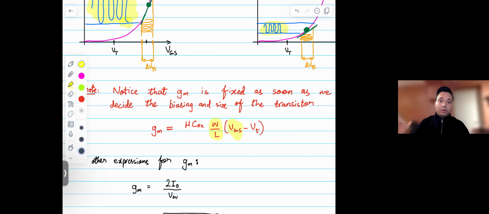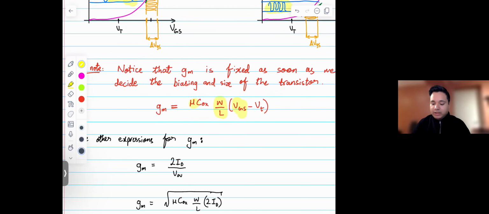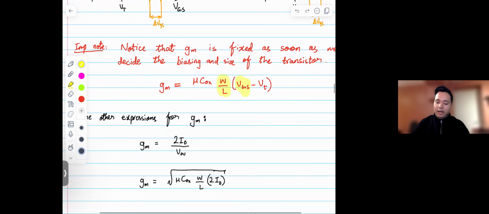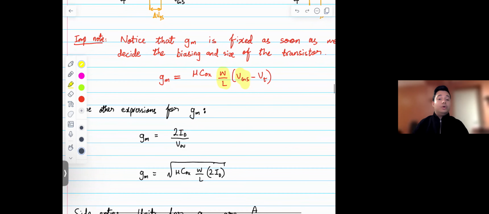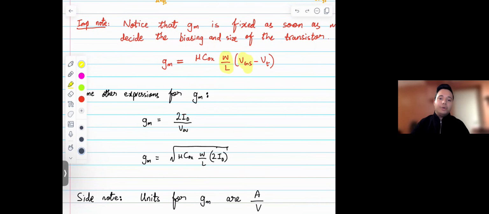So you want to choose these two quantities in a way where you get a GM that is desirable. You would also see mu Cox and Vt, but these are typically not under your control as an analog designer, which is why I didn't talk about them. But the point being that once you set the size of the transistor and you set the DC operating points, your GM is now fixed, right? Or in other words, you now know your GM.